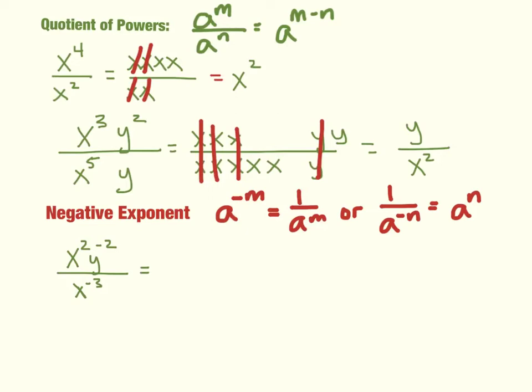I have two variables that have negative exponents, so I'm just going to move them. The x squared didn't move. Now, the y to the negative 2 moves to the denominator and becomes y to the positive 2. And that x to the negative 3 moves to the numerator and becomes x cubed.